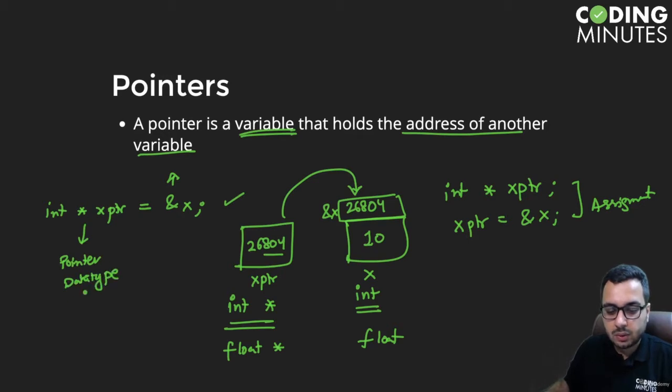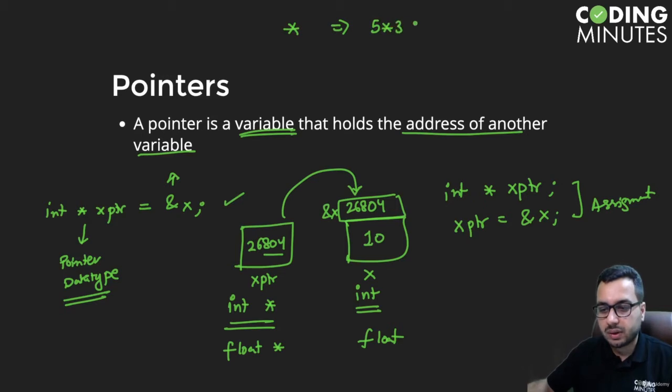Okay, now you may also have seen star at some other places. Let us see where we are using star. One obvious use case is to multiply two numbers. We do 5 into 3, that is 15. But here you can see we have two operands on either side. Here we have a data type and here we have a variable name.